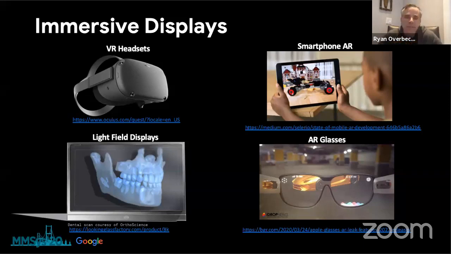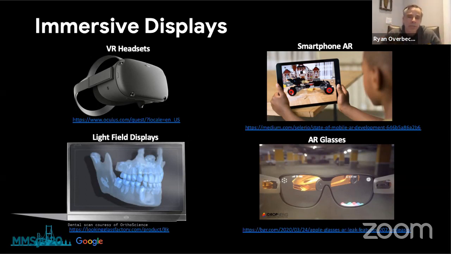Now, of course, there are a broad range of immersive displays available on the market now. There are VR headsets like Oculus Quest that get you fully immersed in an environment, and there are autostereoscopic displays, light field displays like the ones from Looking Glass Factory, and they operate kind of like a window looking into a 3D scene.